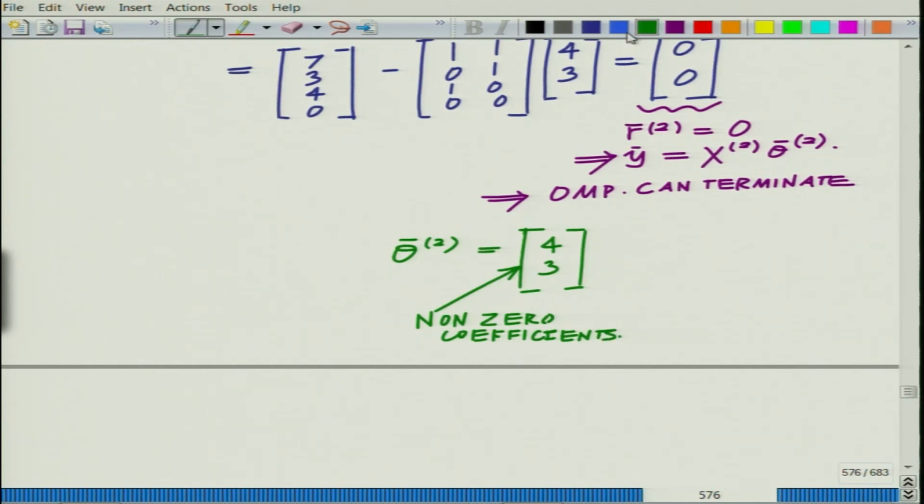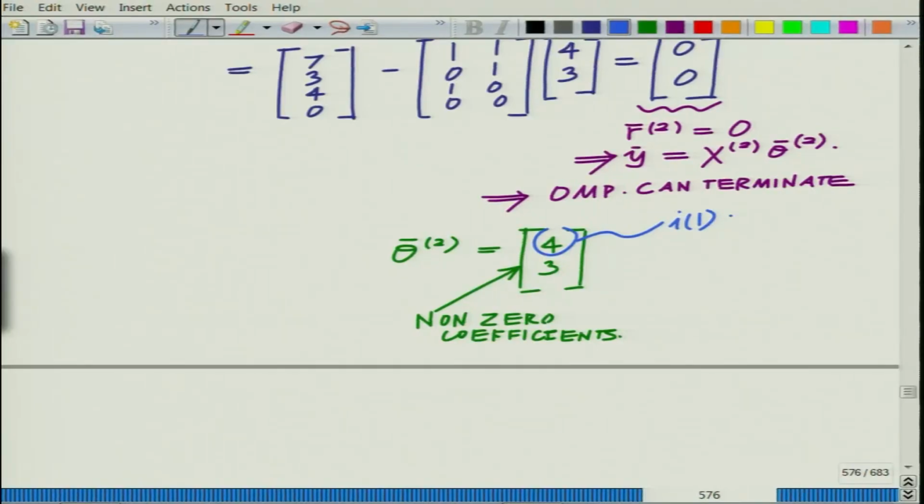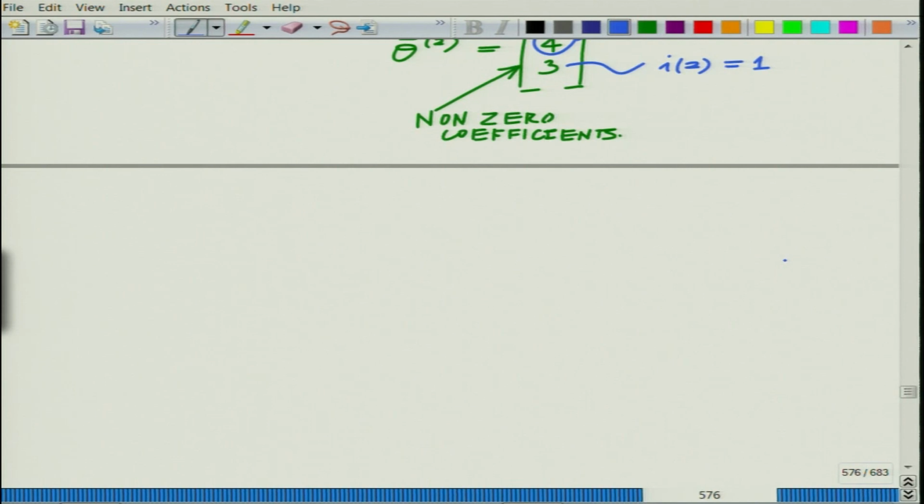So how do we map them to theta bar? You have to look at the indices. This corresponds to the basis column x1, the index chosen in the first iteration, that is I1, which is equal to 4. This corresponds to I2, which is equal to 1. So you will have the fourth entry.